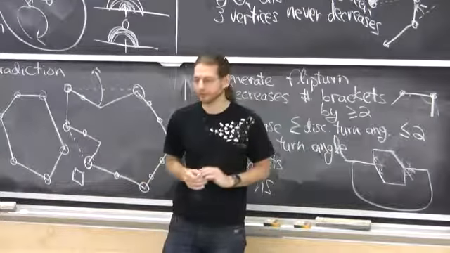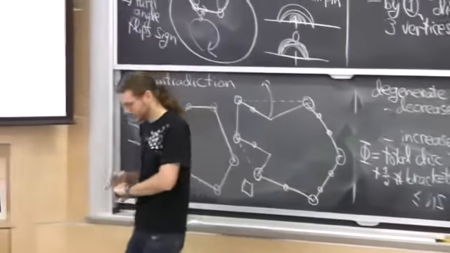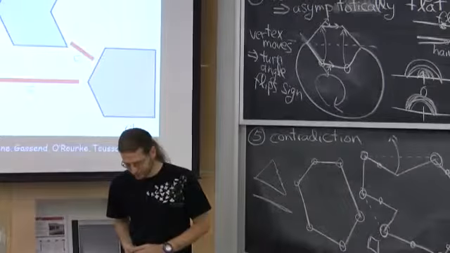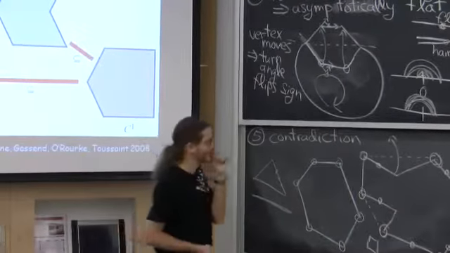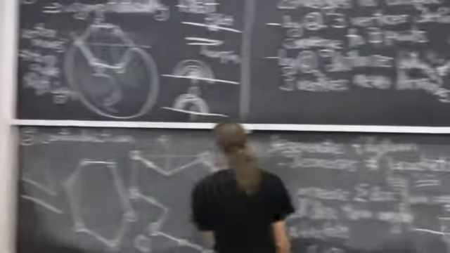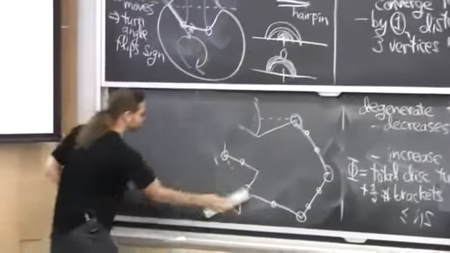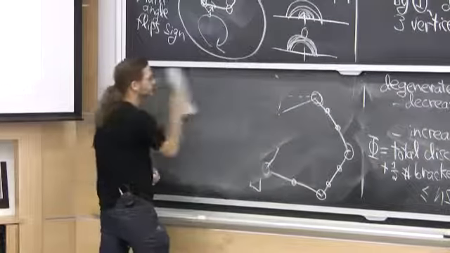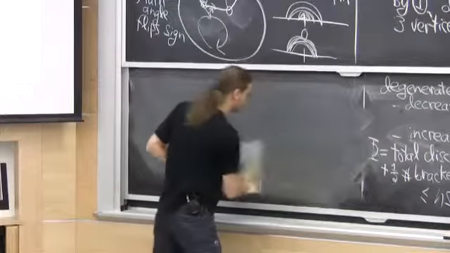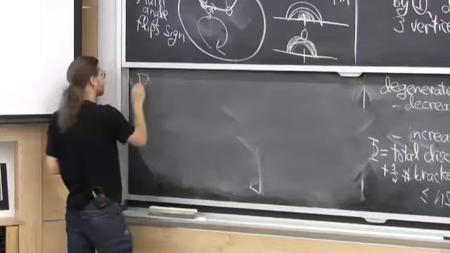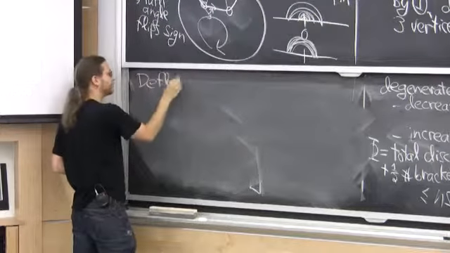I think that's all the proofs we'll do today. So now we get to go to more fun operations. Next one is called deflation. Deflation is the inverse of a flip.